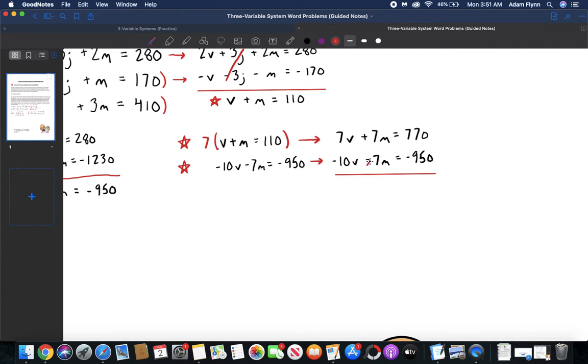So I can eliminate my m's here because I've got a positive 7m and a negative 7m. 7v minus 10v is going to be a negative 3v. And 770 minus 950 is going to be a negative 180.